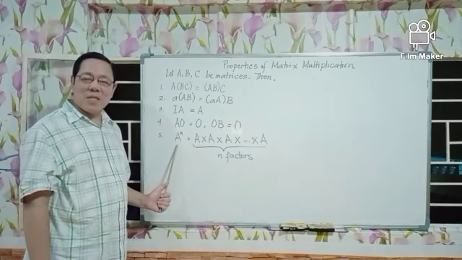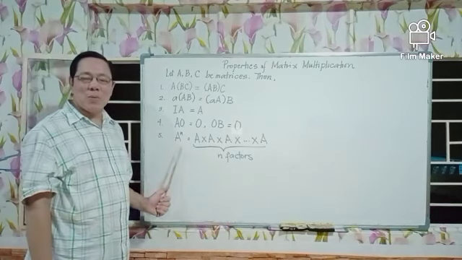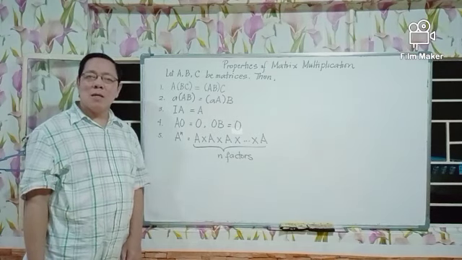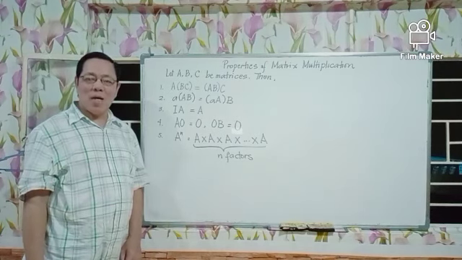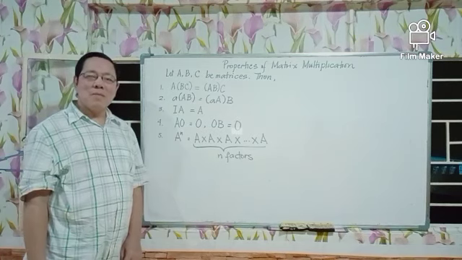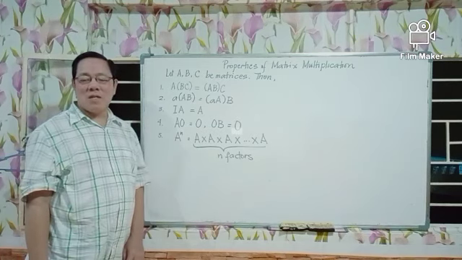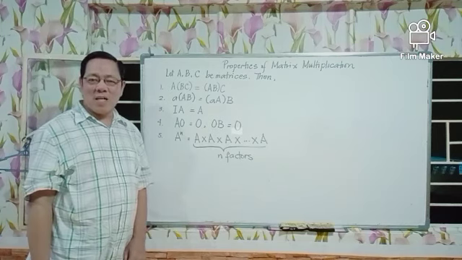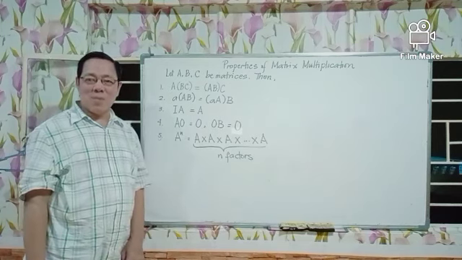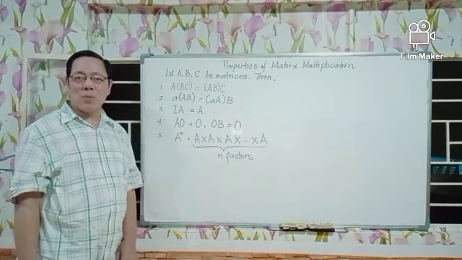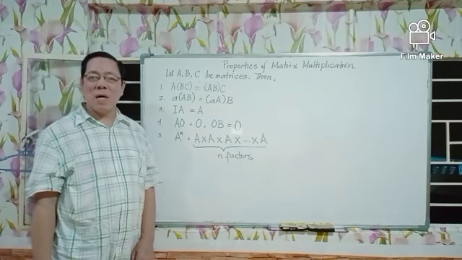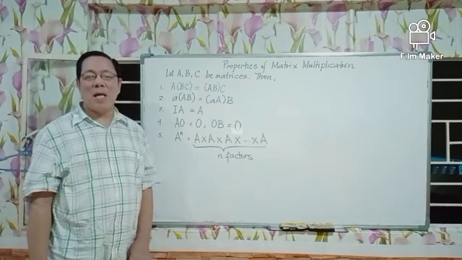Now, the fifth property is very much similar to the definition of a real number a, small a, to the power n. By definition, small a to the power n is equal to the product of a with itself, or a, the small real number a, is multiplied by itself n times.